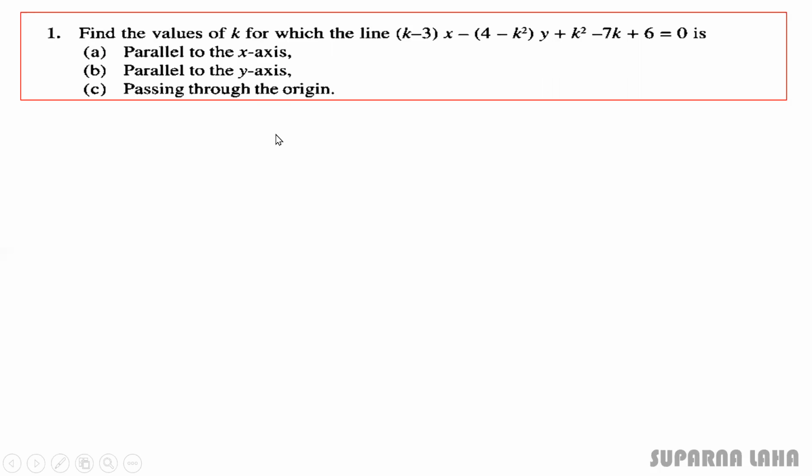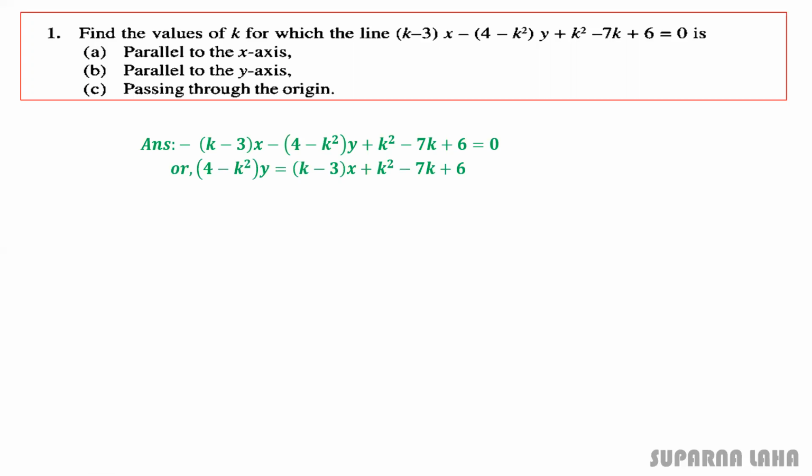Okay, so first of all, let's talk about this question. This equation (k minus 3)x minus (4 minus k square)y plus k square minus 7k plus 6 equals 0. So tell me first, what is the slope of this line?